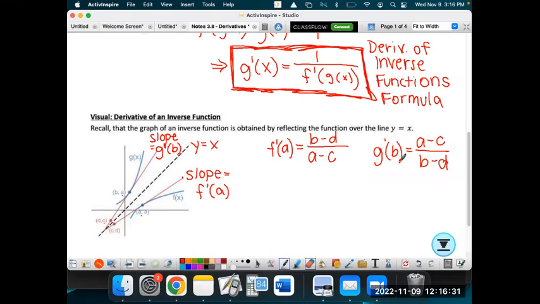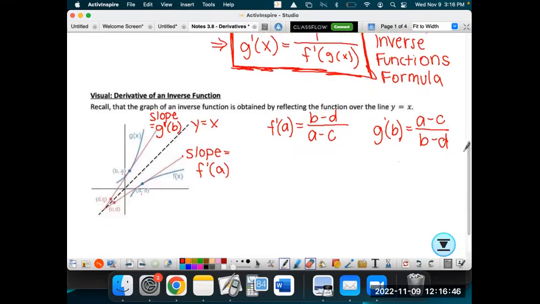So what we just did is we figured out those derivatives from the actual visual itself. But let's pretend that I didn't know what the graph of g of x looked like, and all I knew was one piece of information about it. What's another way that I can figure out what g prime of b is?